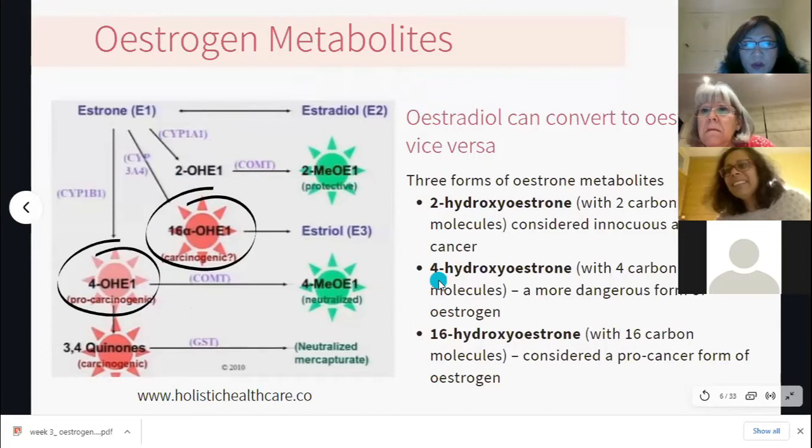Then you've got the 4, which is that one there, and the 16, which is that one there: 4 hydroxy estrone and 16 hydroxy estrone. These are more cancer causing. So when we support the liver, we can actually push it down the non-aggressive route.